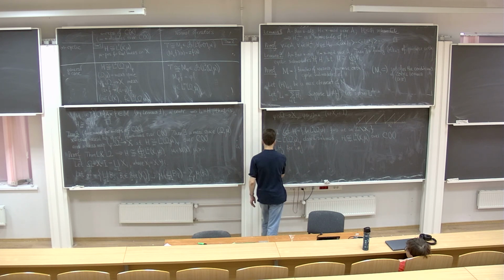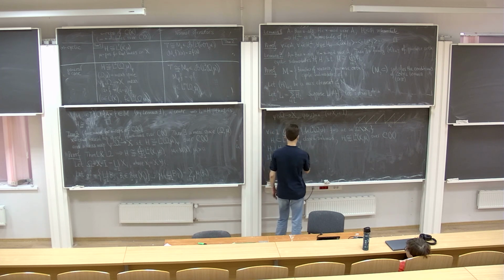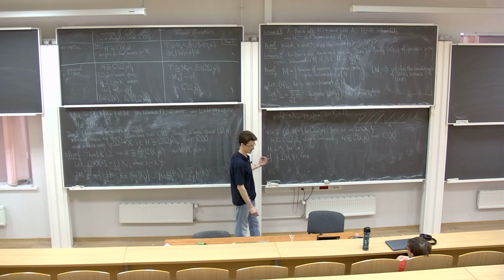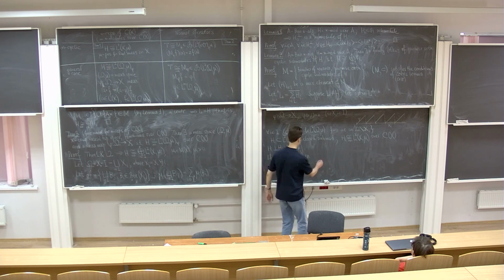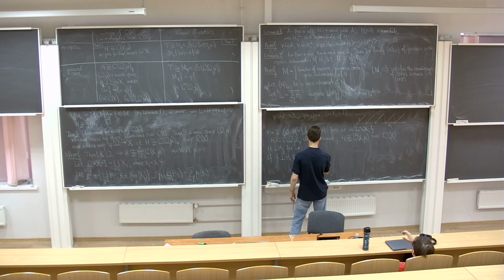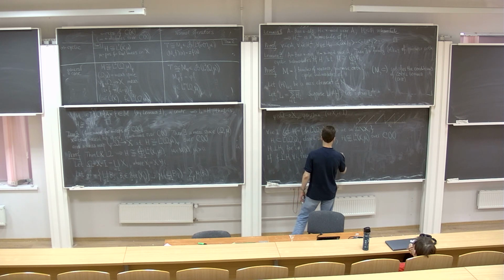Well, if, for example, we have a function f which is orthogonal to each Hi, then this means that if we fix i, this orthogonality condition means that f vanishes on xi almost everywhere.